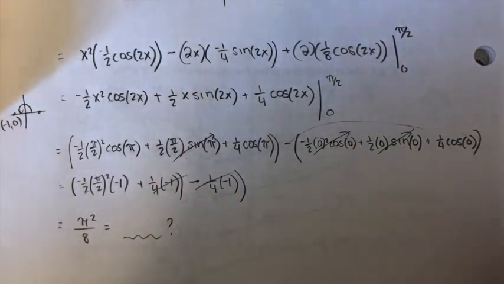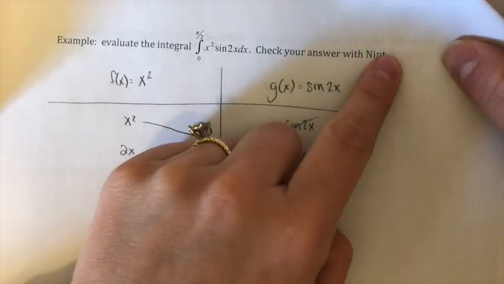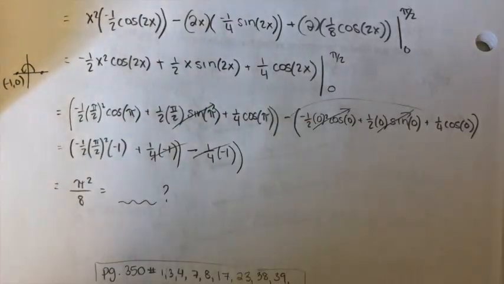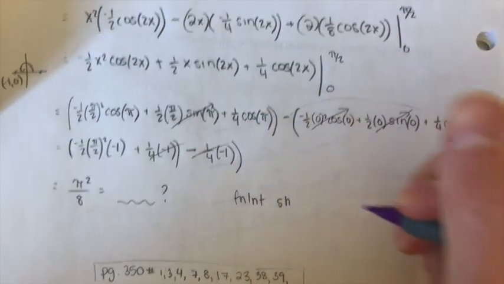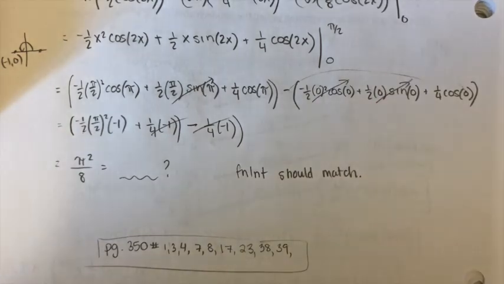To do this, we could also check our answer with the function of integration on our calculator, and whatever decimal we got here, we should also get there. So function integration should match.